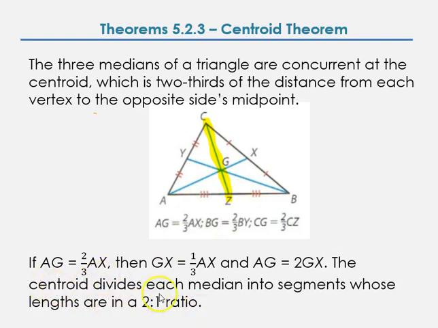So the centroid divides each median that you've drawn into segments whose lengths are 2-to-1. That means if you just know the length of a median in a triangle with a centroid, then you can actually figure this out without doing constructions or using your protractor.